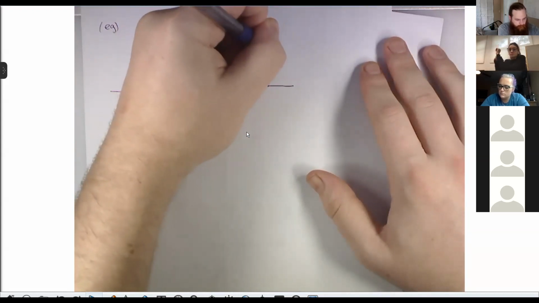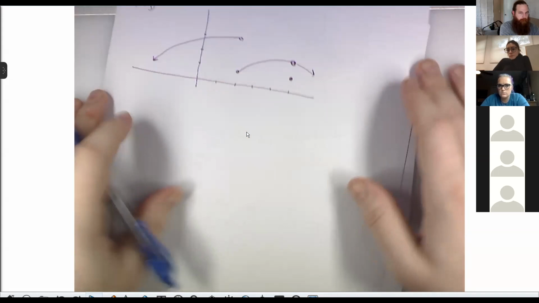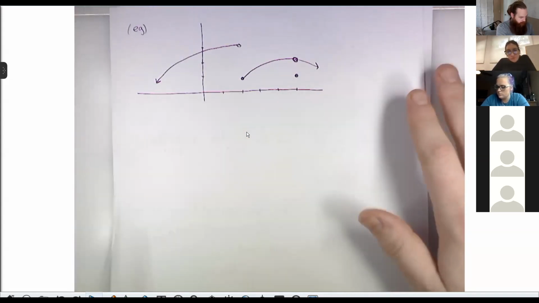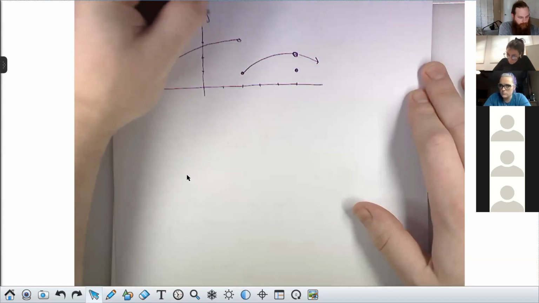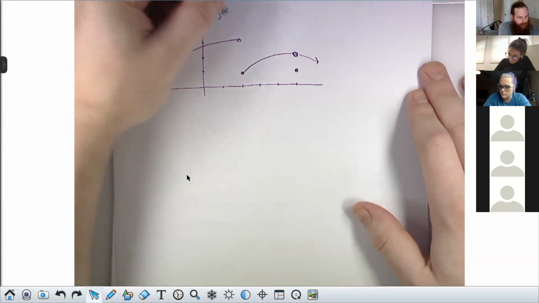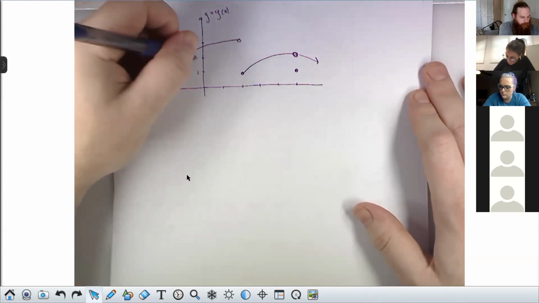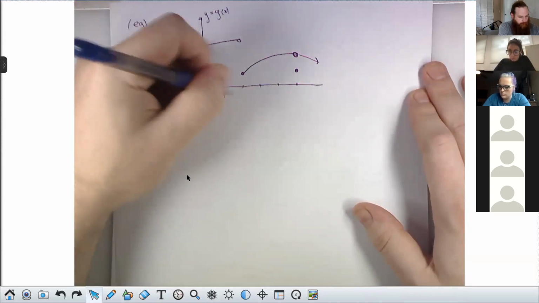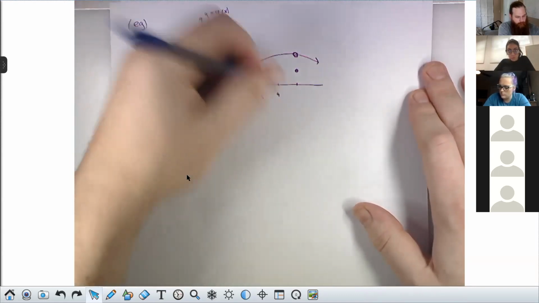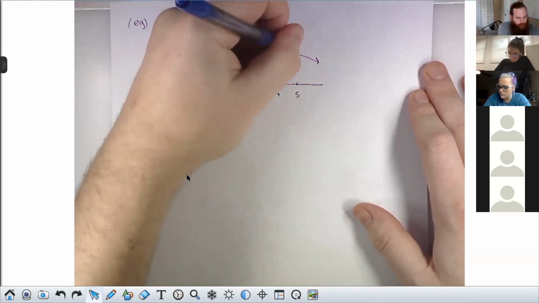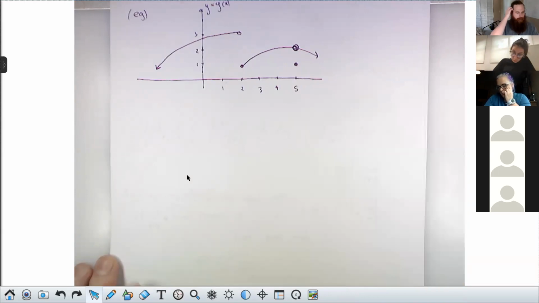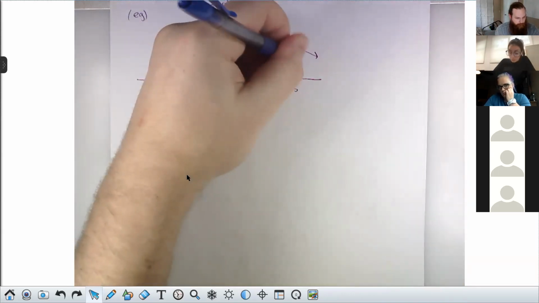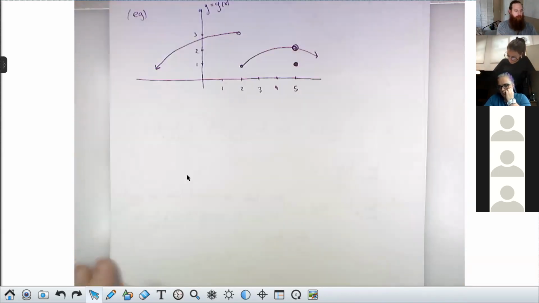And then it continues off like this. Okay. So I'll call this function g of x. Each tick mark here is 1, so this is 1, 2, 3, 1, 2, 3, 4, 5. This point right here is open. And then you've got a filled in point down here below.